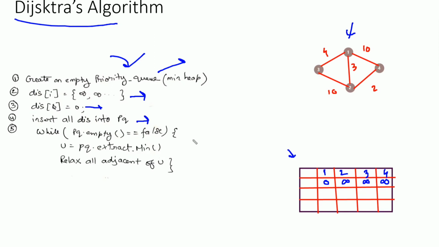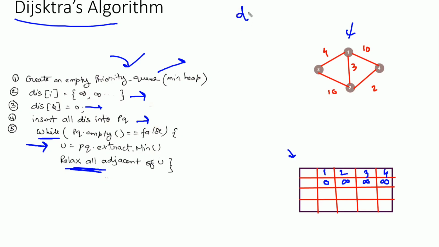Next, I'll use a while loop until this priority queue becomes empty. Now I'll perform the extract min operation. In a minheap data structure there are decrease key, extract min and delete key operations. Out of those, I'll be using extract min, which extracts the vertex having the minimum value. After that, I'll perform relaxation.